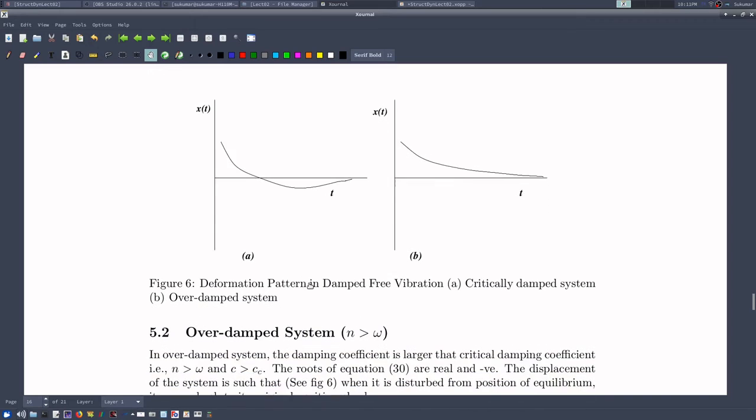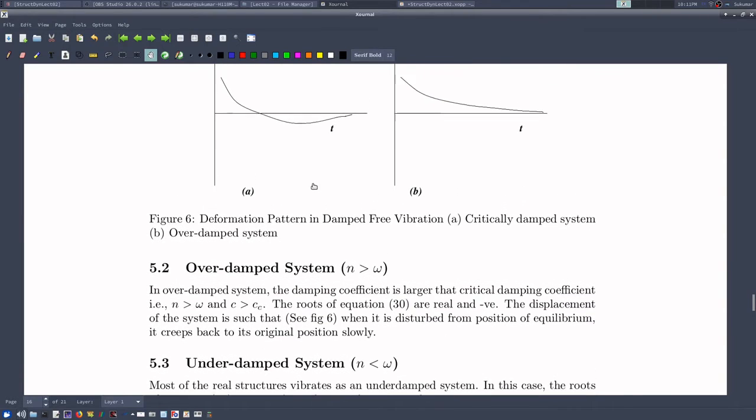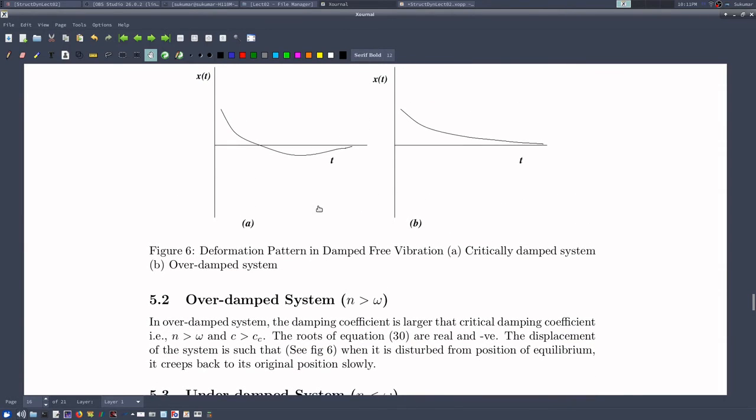Then I have the overdamped system. In an overdamped system, n is greater than omega, therefore the damping coefficient will be higher than critical damping, so C will be greater than Cc. So the roots of the equation are both real and negative, and therefore my vibration will be just like this.